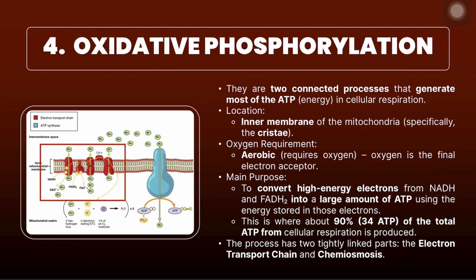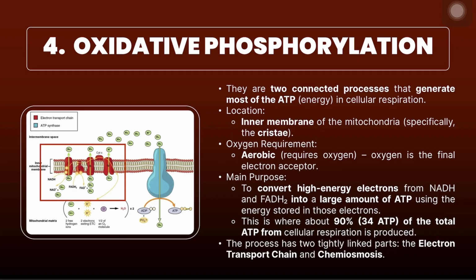And we also have chemiosmosis, where the energy from those electrons is used in order to make ATP. Both processes depend on oxygen, which acts as the final electron acceptor, which makes them aerobic processes. Again, oxidative phosphorylation requires oxygen.